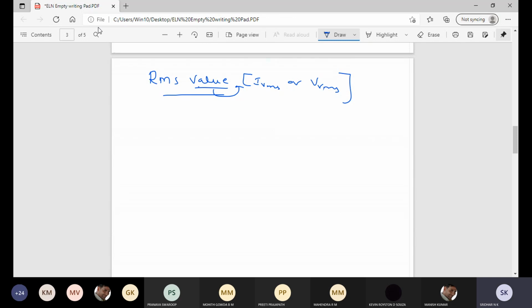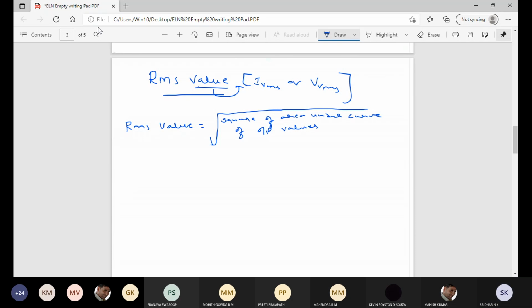So the formula to find the RMS value is the square root of the area under the curve of the output values, divided by the time period of one cycle.